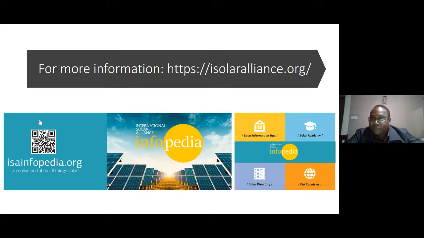There is one question concerning the power of inverters that are commonly used in large-scale solar PV projects. I would say that for utility-scale projects now, the common power for an inverter is about 500 kilowatts AC.